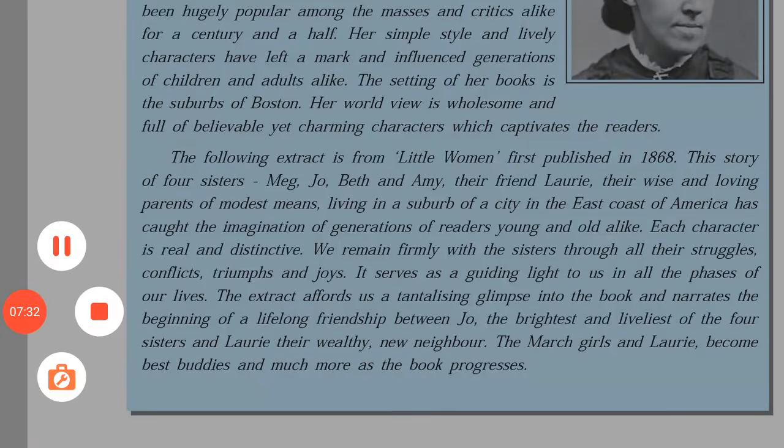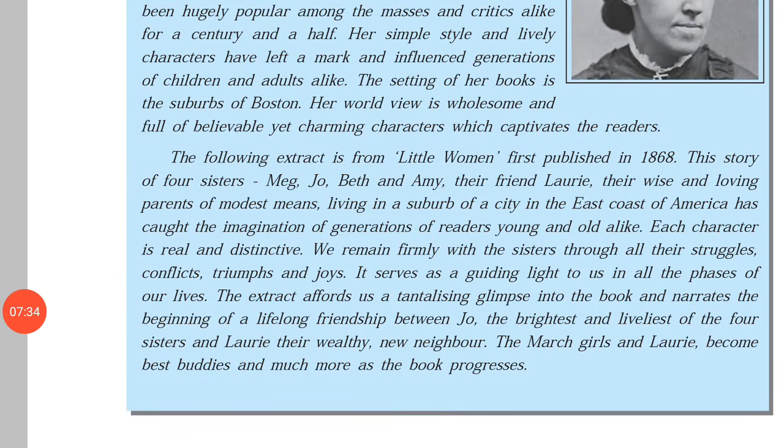Each character is real and distinctive. We remain firmly with the sisters through all their struggles, conflicts, triumphs and joys. It serves as a guiding light to us in all the phases of our lives.